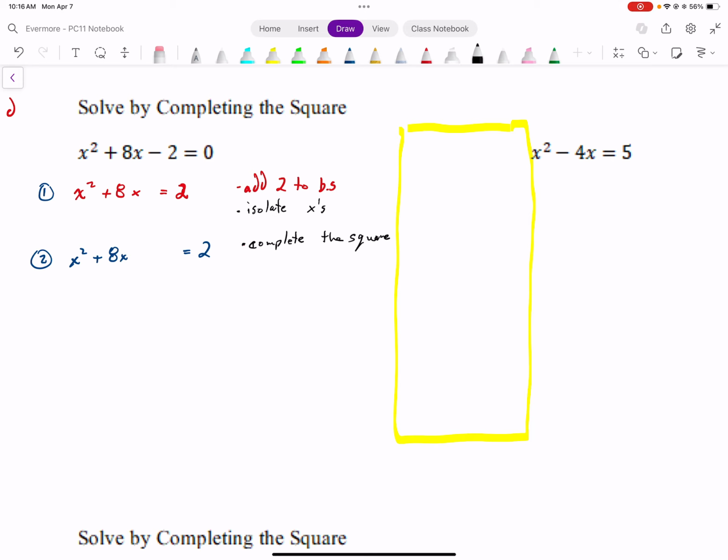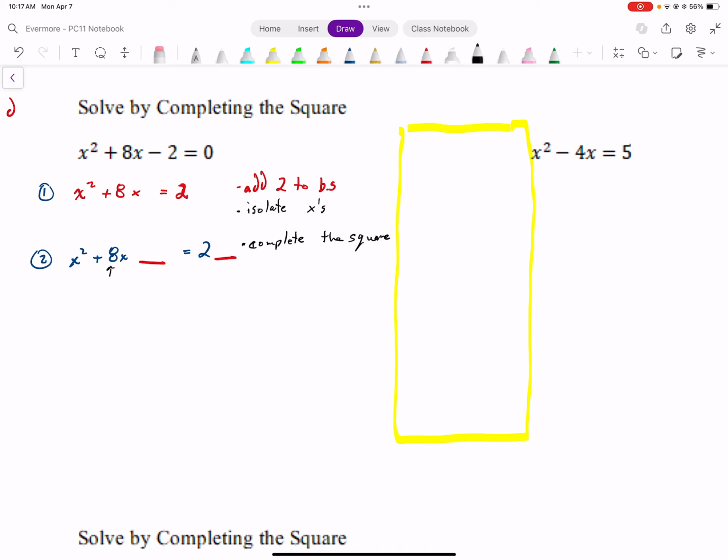So now I'm going to complete the square. I'm going to add a constant to x squared plus 8x so that it creates a perfect squared trinomial. So allow me to do that.